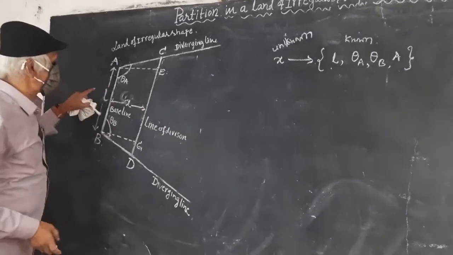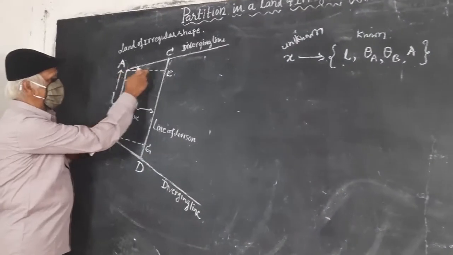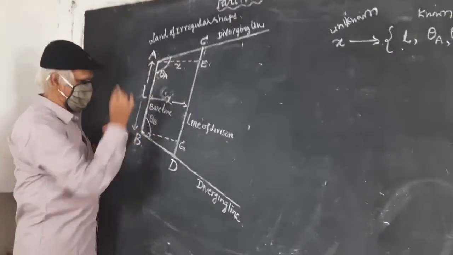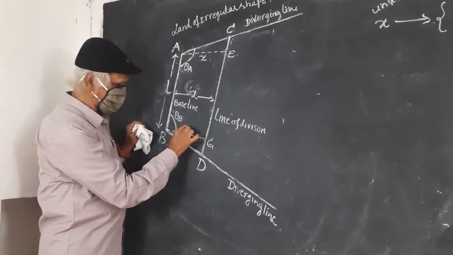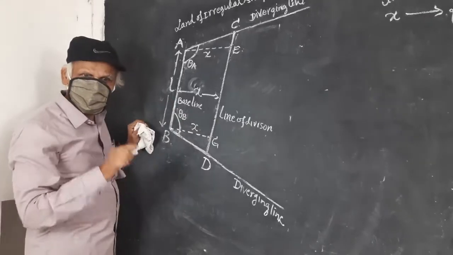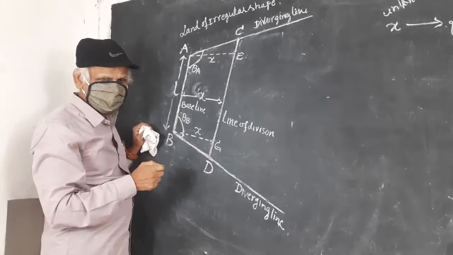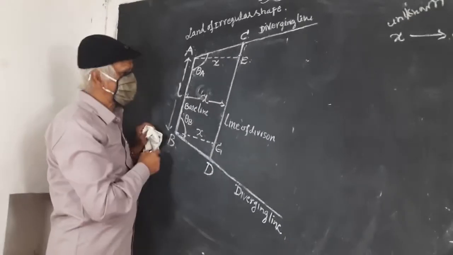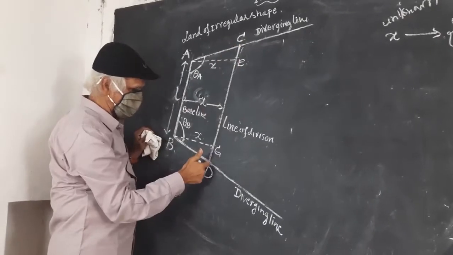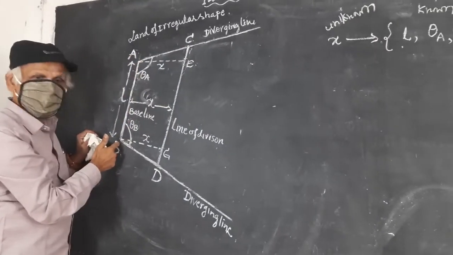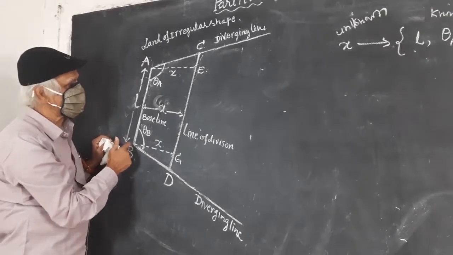So in this figure, AE is equal to x, BG is also equal to x, because CD is parallel to AB.